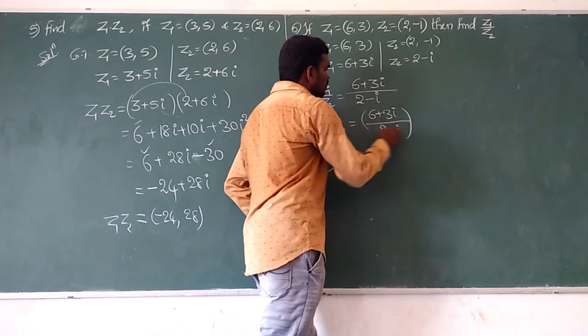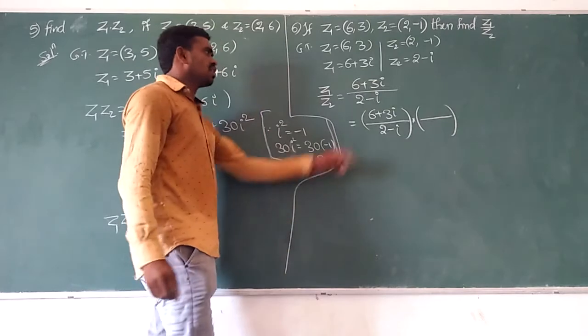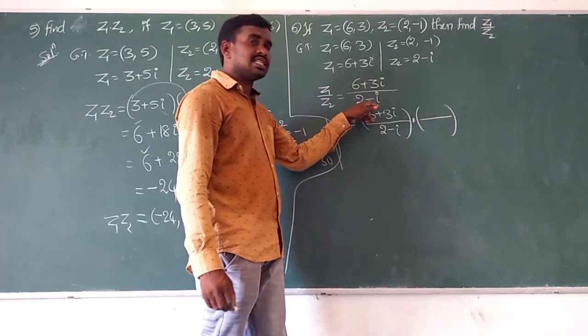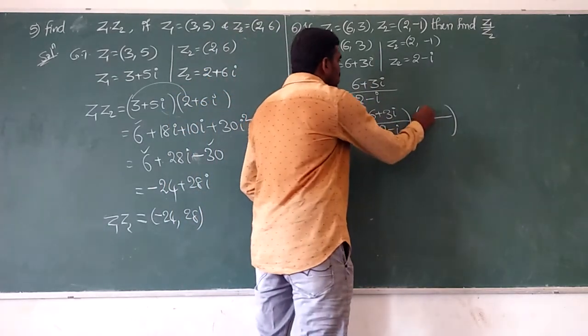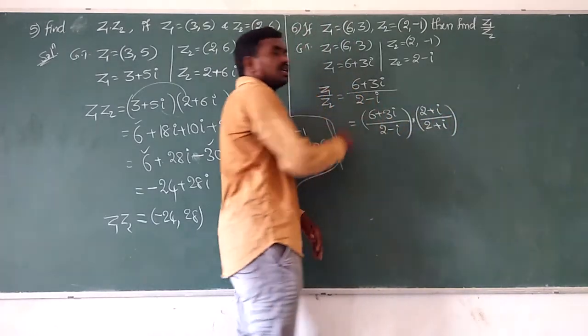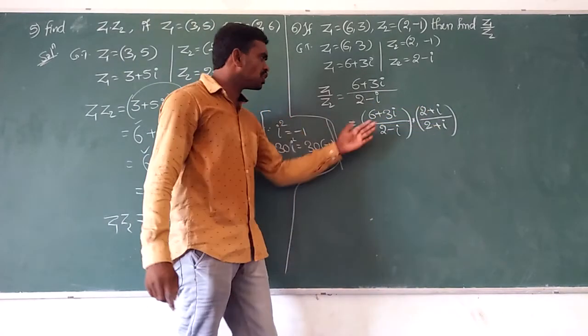Multiply and divide with the rationalizing factor. Here what is this? 2 minus i. So whenever minus is there, take plus. That means 2 minus i, we should take 2 plus i by 2 plus i. Just change the sign and multiply and divide. And do simplification next.